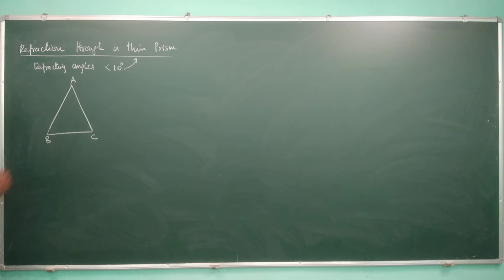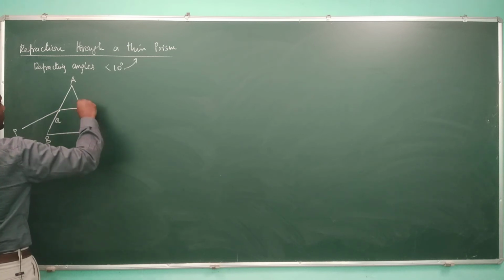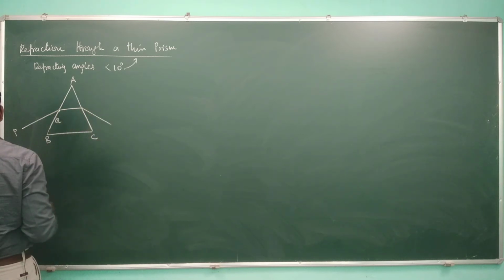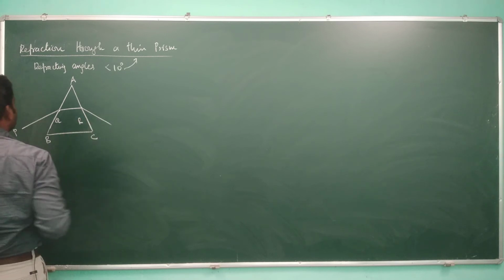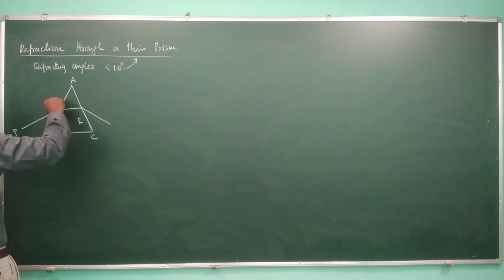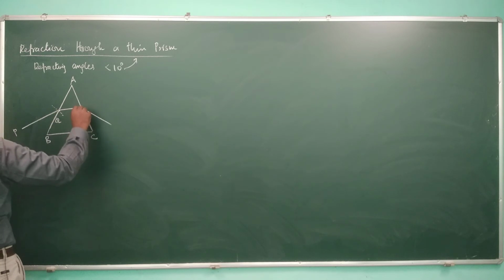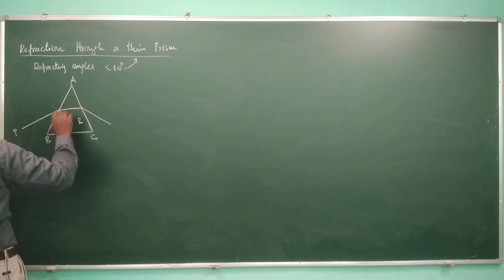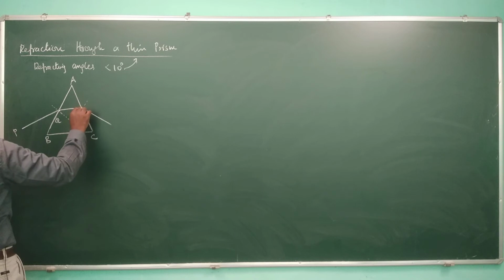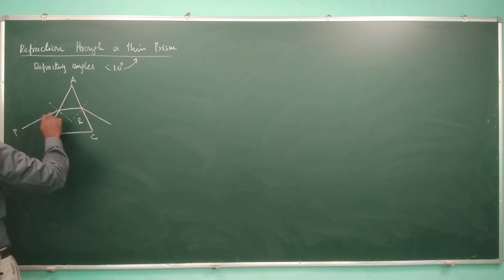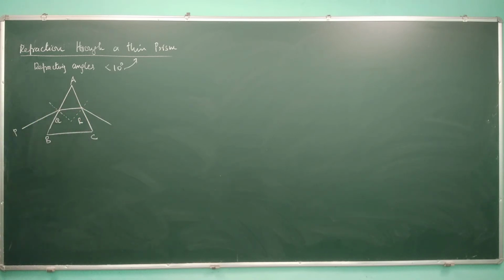Now a light ray from point P touches the face AB at Q, and emerges from the face AC at R. Now draw perpendiculars to both the points of the light rays at faces AB and AC, right?